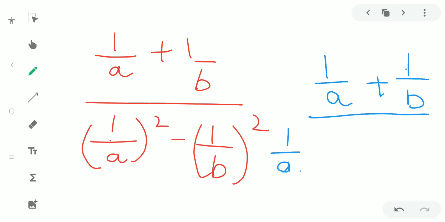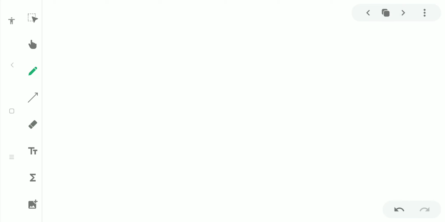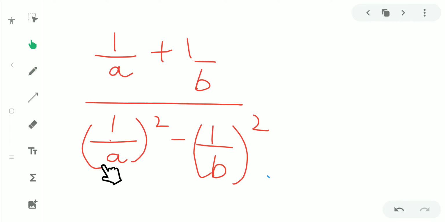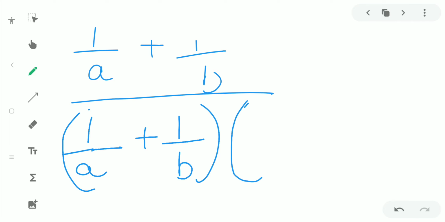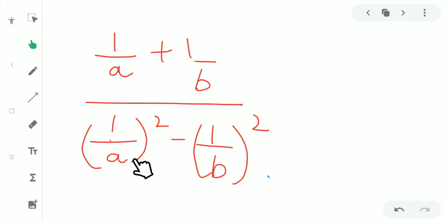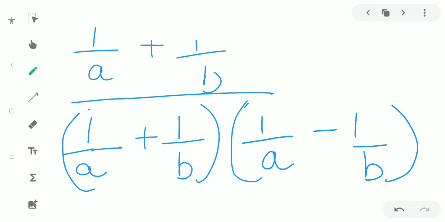You will get 1 by a plus 1 by b divided by, according to the formula a square minus b square equals (a plus b) times (a minus b), so (1 by a plus 1 by b) times (1 by a minus 1 by b).